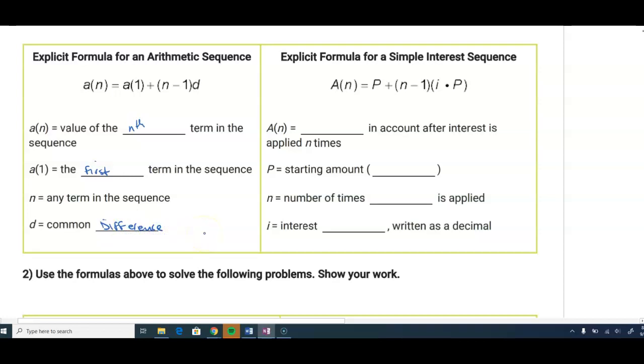Okay? Now, when we talk about the explicit formula for a simple interest sequence, a sub n is the amount in the account after interest is applied n times. P is your starting amount, which is also known as your principal. N is the number of times interest is applied.